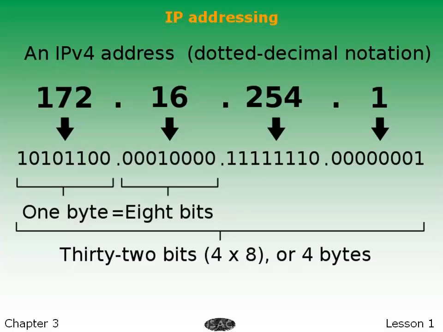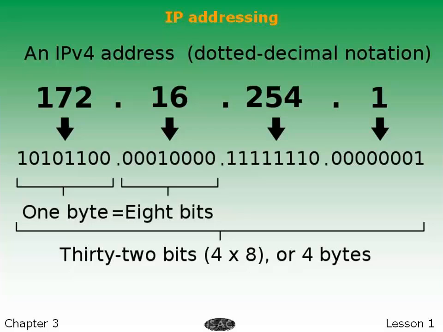The designers of the Internet Protocol defined an IP address as a 32-bit number, and this system, known as Internet Protocol version 4, IPv4, is still in use today.